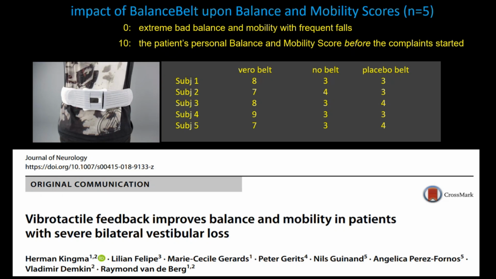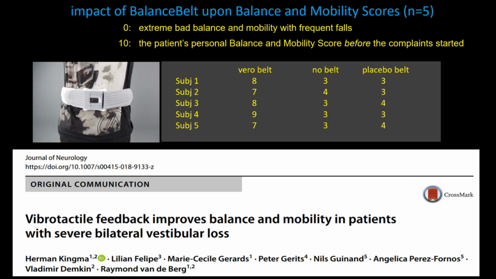We asked them, if you go in daily life for a month walking with this belt, how does your mobility and balance improve? So we first scored that before the use of the belt. And we asked them, what is your score between 0 and 10 of your mobility and balance? The patients that we select for the belt always have a score that is 5 or lower.